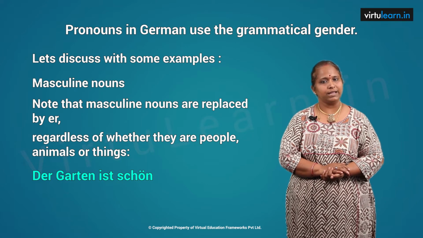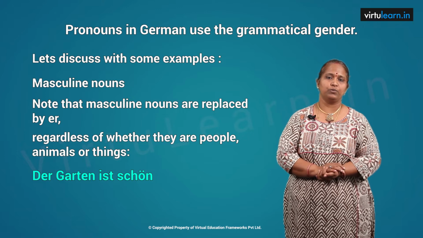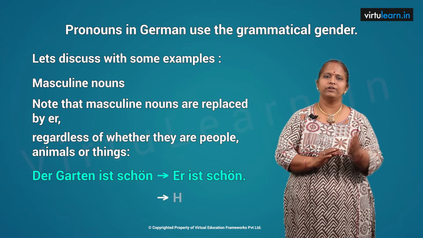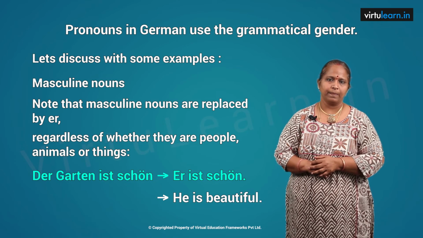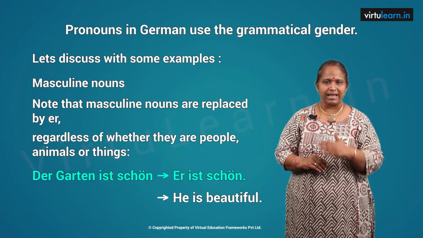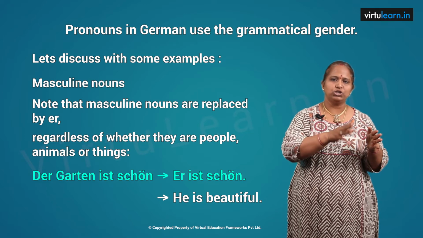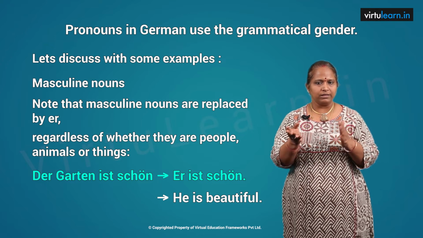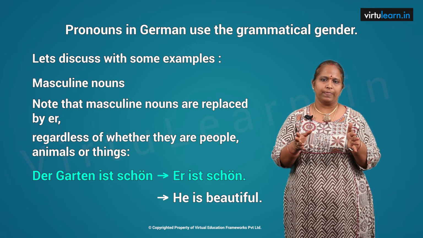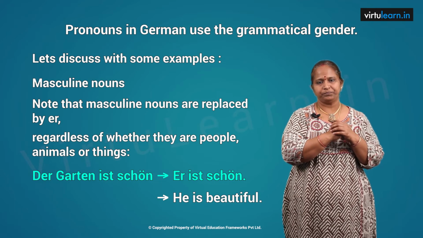If I have to replace it with a personal pronoun, er ist schön. That is literally he is beautiful. Because the masculine personal pronoun is irrespective of the biological gender, the things are classified into masculine, feminine and neutral in German. So in German, garden is masculine.